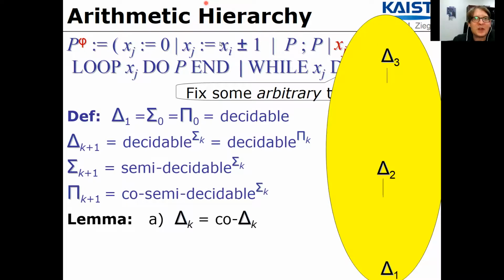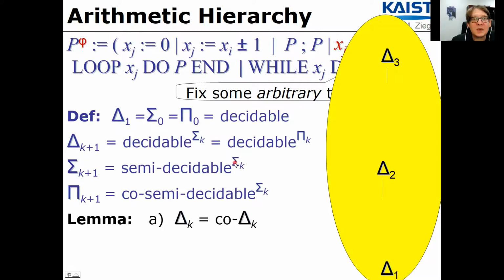I mean, we're defining something here. I can define anything I like, right? But is it reasonable to define this in this way and this also in this way without referring to pi k? And the answer is yes, because it doesn't matter.